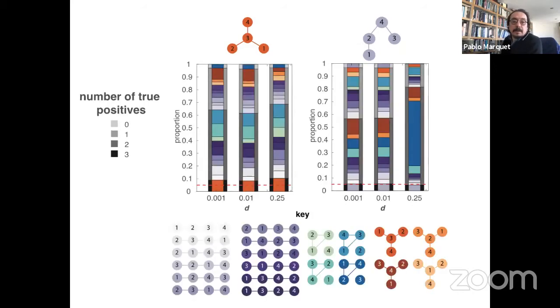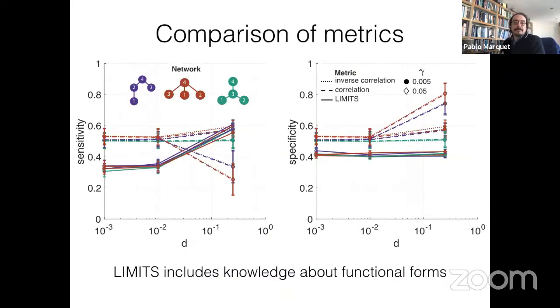So in general, for some network motifs, some methods are very good. They are very insensitive to noise level, by the way. And in terms of comparison of metrics, as I said, the different metrics perform differently, and they tend to change with the interaction strength, but not with the amount of noise.